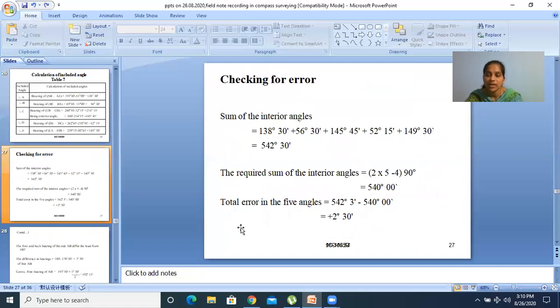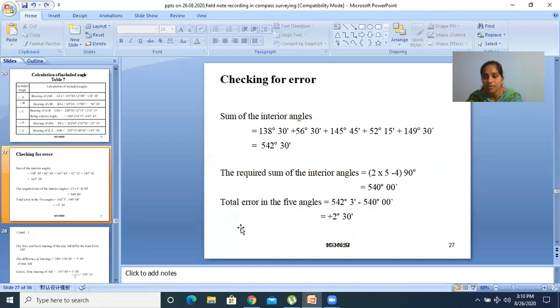After that, you have to check whether all the calculated included angles are correct or not. So how can we check? The sum of all interior angles should be equal to the required sum of the interior angles.